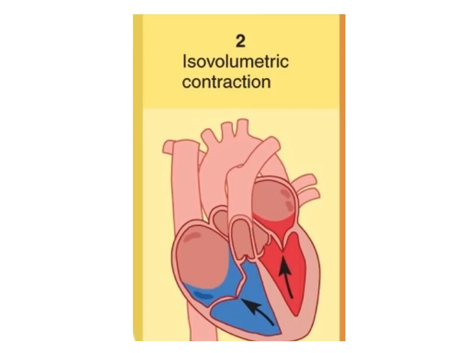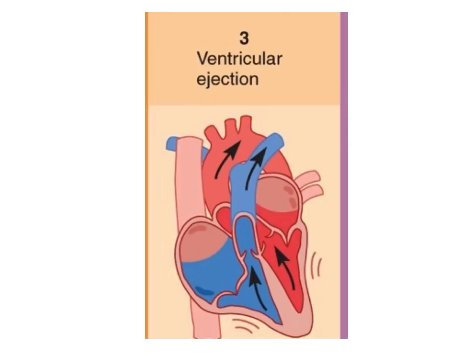Now, once we have accomplished isovolumetric contraction, we've closed the AV valves, we're going to transition into ventricular ejection. During ventricular ejection, ventricle pressure is going to continue to increase. And that's because the cardiac muscle cells change from isometric contraction to isotonic contraction. So not only are the fibers now creating tension, but the muscle fibers are shortening also.